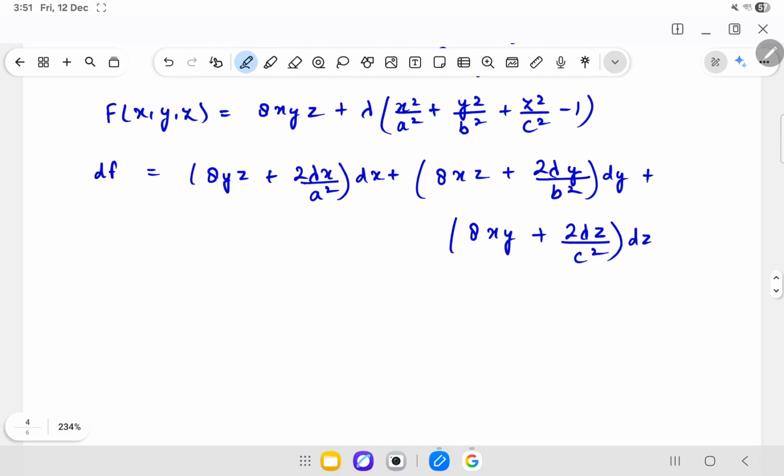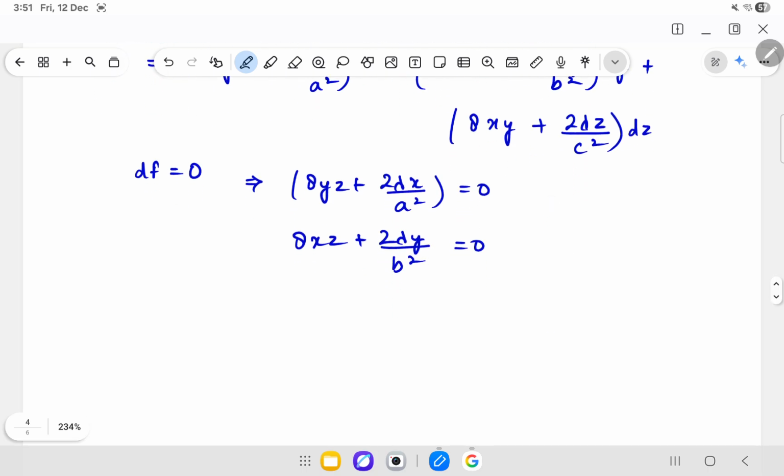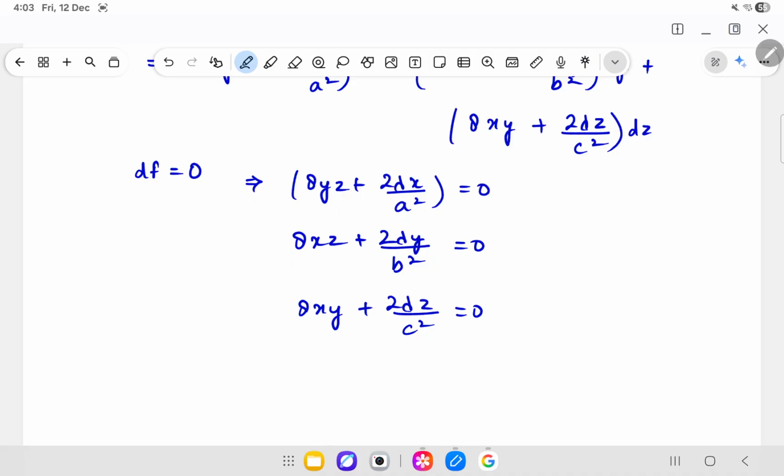Now in order to calculate its stationary point, dF must be equal to 0. So from here I'll get 8yz plus 2 lambda x by a square equals 0, 8xz plus 2 lambda y divided by b square equals 0, and 8xy plus 2 lambda z divided by c square equals 0. Let's name them star 1, star 2 and star 3.